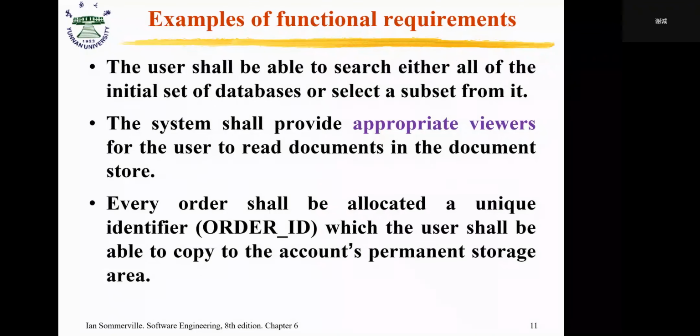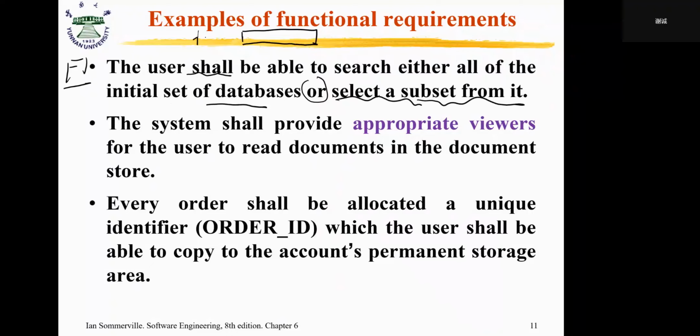And we will give you some functional requirements for the user requirement. Functional requirement one: the user shall be able to search all of the initial set of databases or can select a subset from it. It's like here there is a blank.